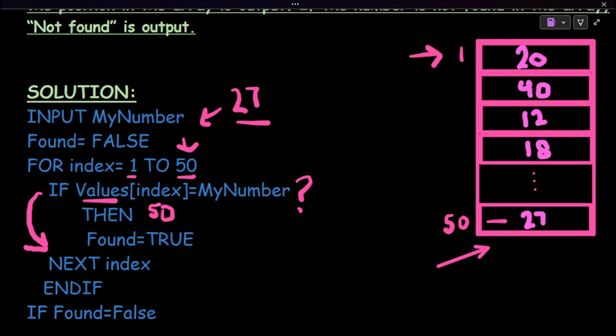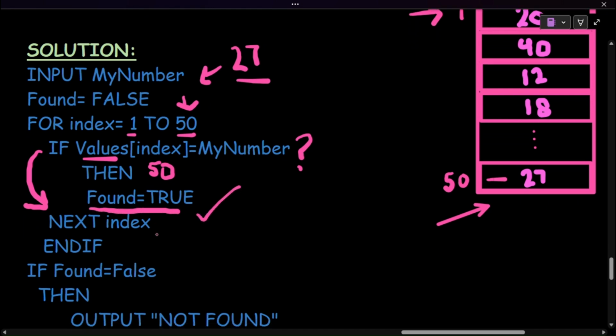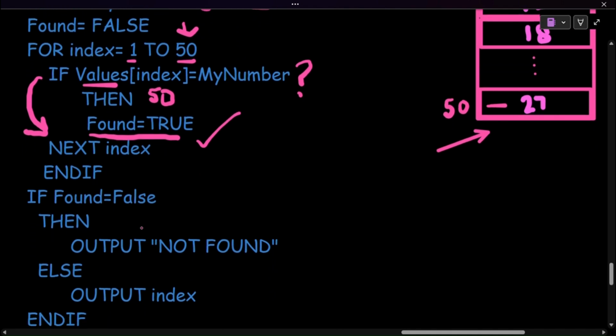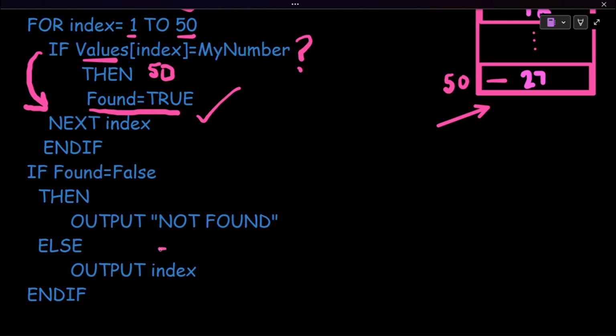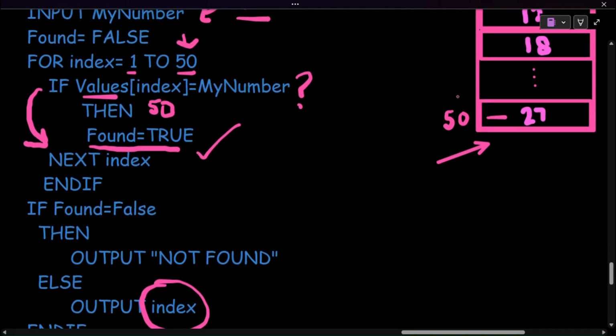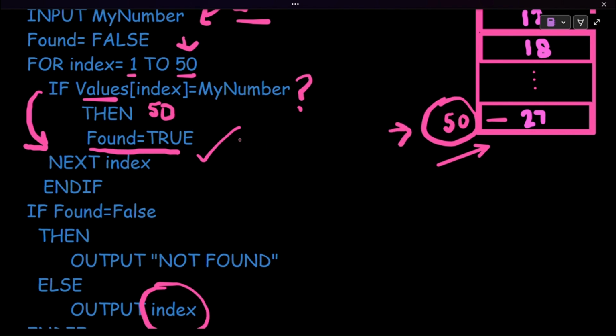They both are equal. Then we have to update our variable found to true. And then here you can see that we got the value that we were searching for. It will give me the index position of the value as well, like 50 will be returned to me, meaning in this position your element is available.